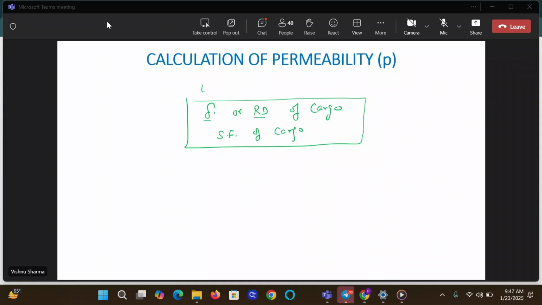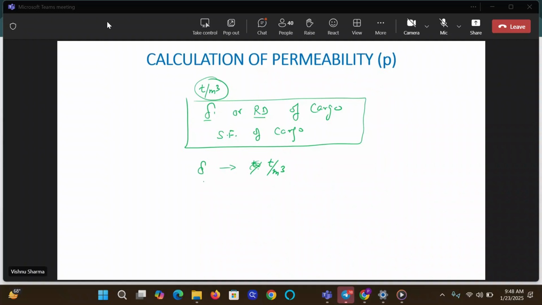No. If density is expressed in tons per cubic meter, then the numerical value of RD and density are the same. So whether it is RD which is given or density which is given in tons per cubic meter, the numerical value will not change. Guys, what is the unit of density? Unit of density is tons per meter cube, weight per unit volume.